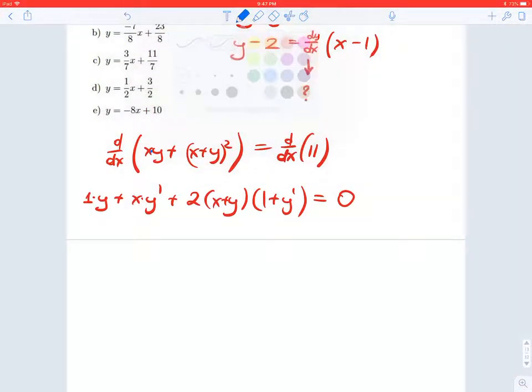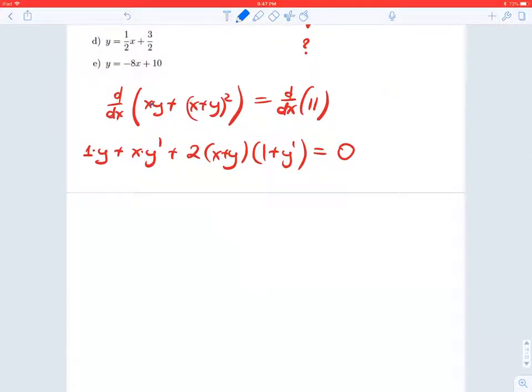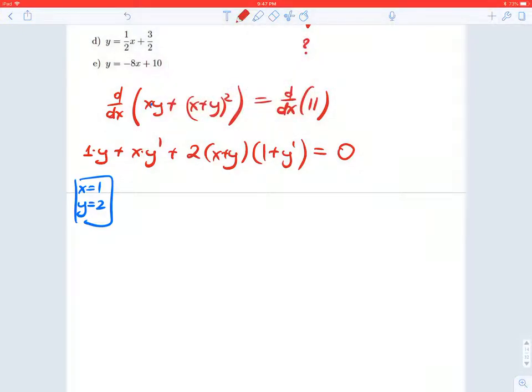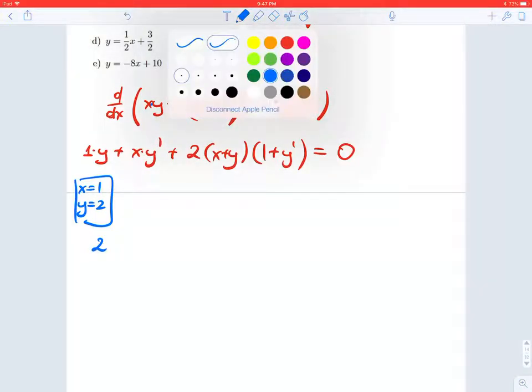And the same thing, I'm going to take advantage of my point (1, 2) and substitute into my equation. 1 times y, this is just y, and y is 2.